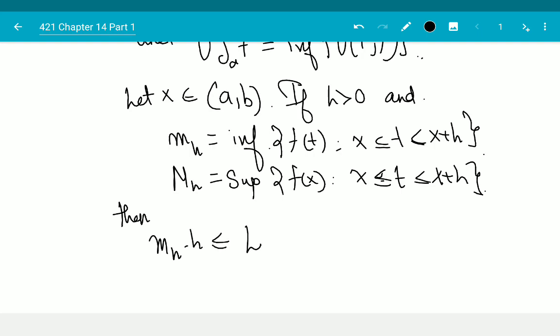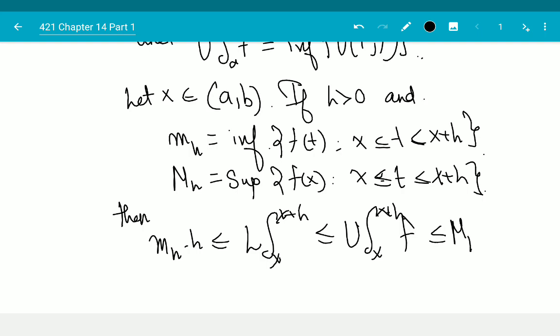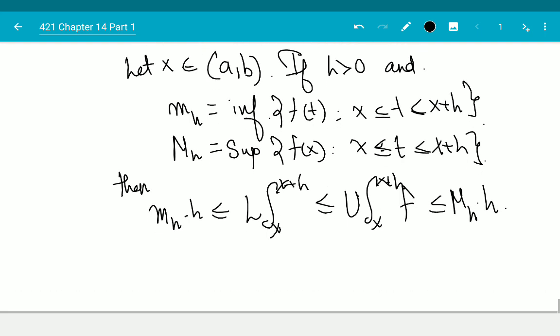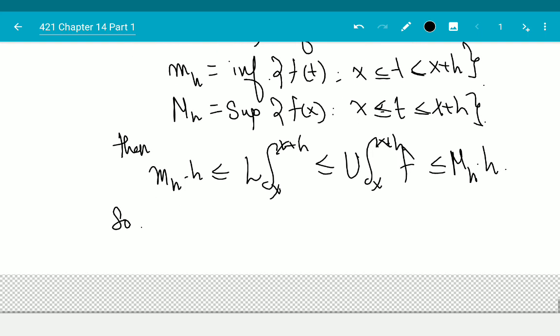Well, this is smaller than or equal to L from x to x plus h, and I know this is going to be smaller than U from x to x plus h, which is smaller than or equal to capital M of h times h. I do not know if the middle two terms are equal, but I know this is true.